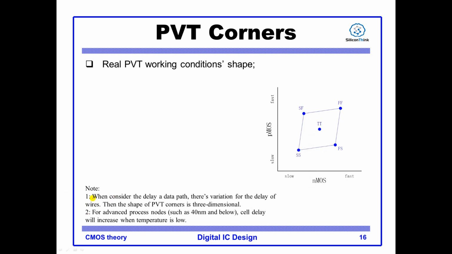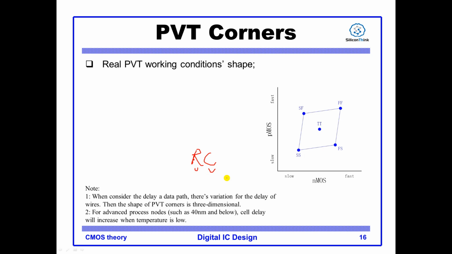And for the first note, it says, if you consider the delay of the data path, there is variation on the delay of the wires. That is because the wires have capacitance and resistance. So the wires can be treated as an RC network. The resistance value and the capacitance value will change.